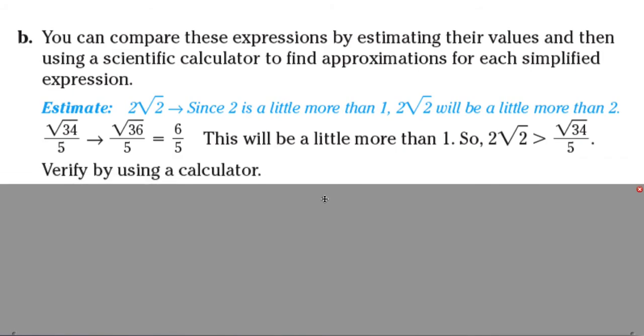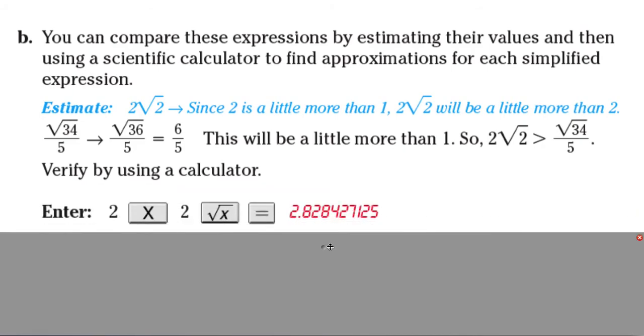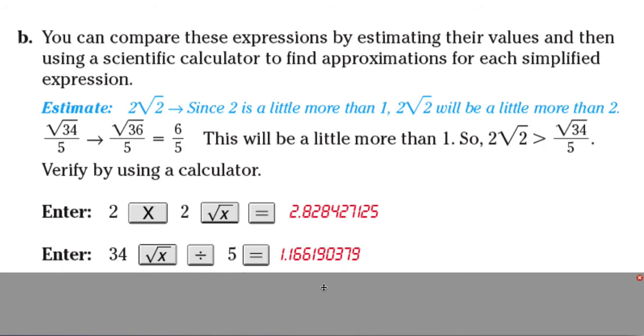So if you notice, 2 radical 2 is greater than radical 34 over 5. If you verify this using a calculator, you have 2 times radical 2, and that'll be 2.8, and for radical 34 over 5, punch those numbers in a calculator, it'll give you 1.166. So 2 radical 2 is definitely greater than radical 34 over 5.